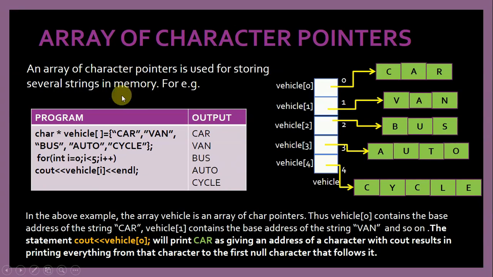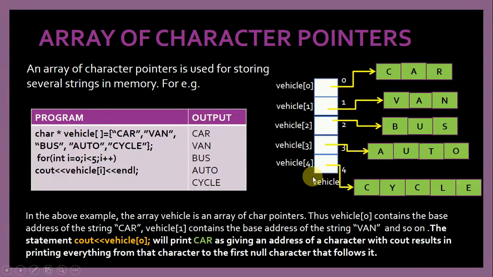Let us consider a very small code snippet. This is not a complete program. Suppose I am declaring an array of character type in which I am storing pointers, character type pointers. The vehicle is an array of character type pointers, and I am initializing it by values car, van, bus, auto and cycle. So you see the memory representation of this.